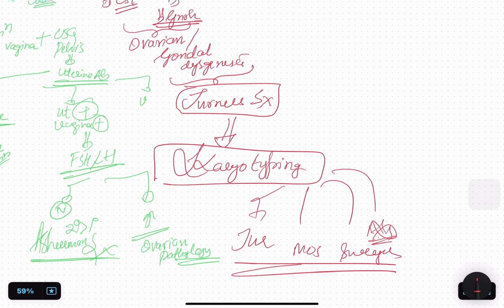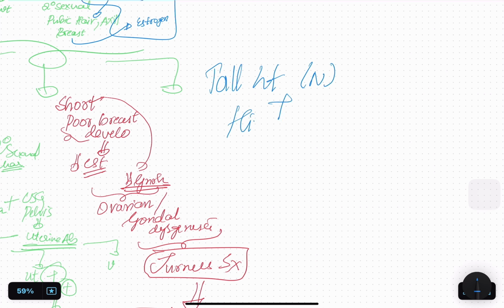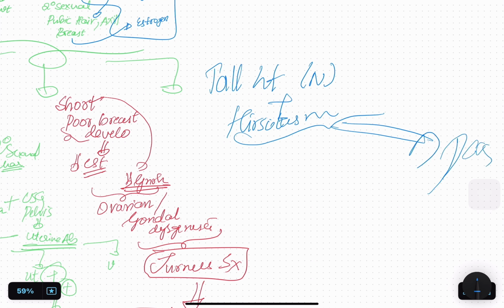Okay. Now there's one more case. What is the other case? Tall height or normal height with features of hirsutism. Most likely, yes, I know you would have heard of PCOS, or it can be androgen insensitivity syndrome.